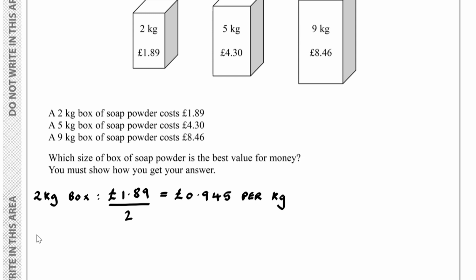And if we take a look at the 5 kilogram box, we've got 4.30 divided by 5, which is equal to 0.86 per kilogram.